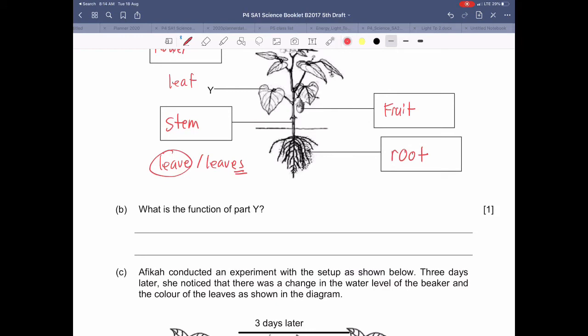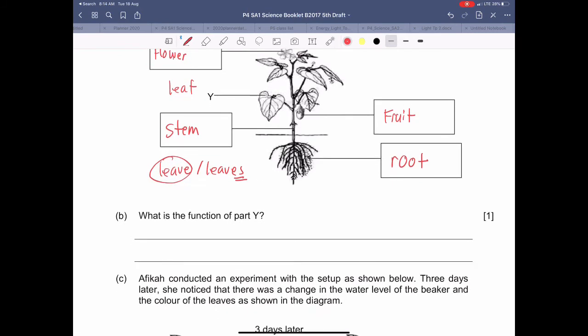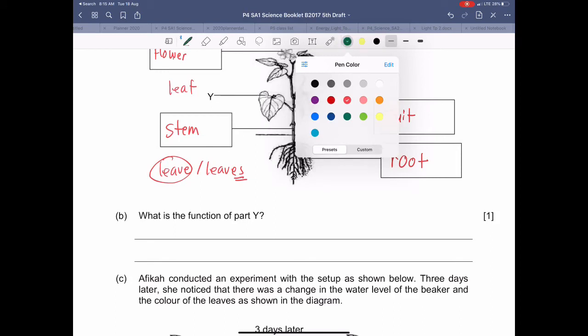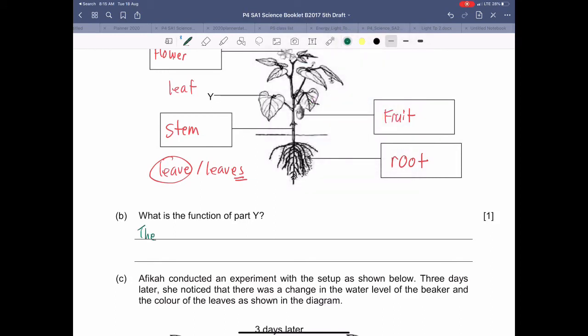Okay. So what is the function of Y? So the function of Y is actually to make food for the plant. Okay, but it'd be very good if you can include sunlight or you can use the word photosynthesis. Okay, so you can say that the function of Y is to trap sunlight for photosynthesis.